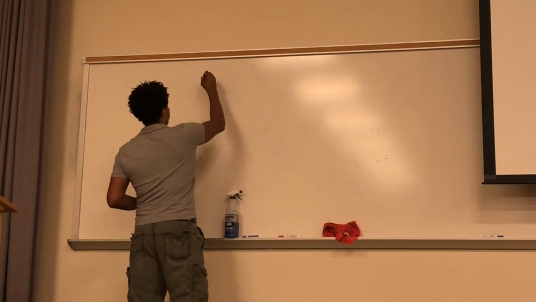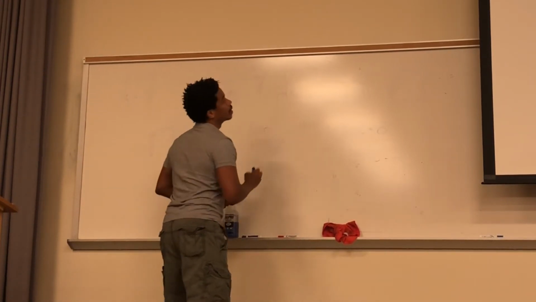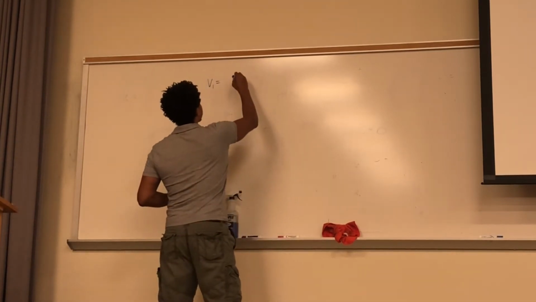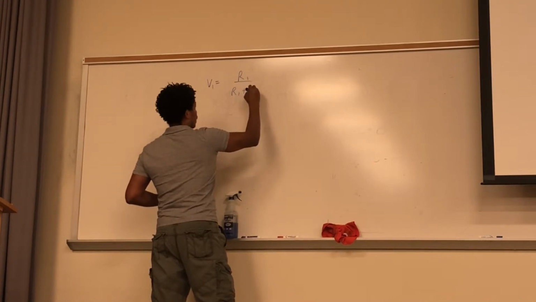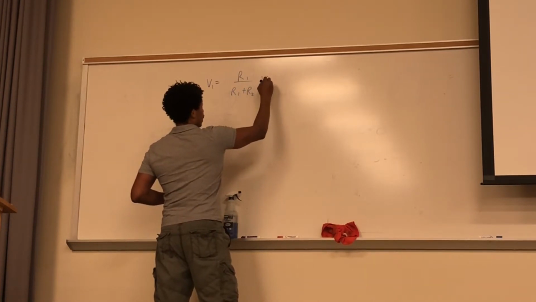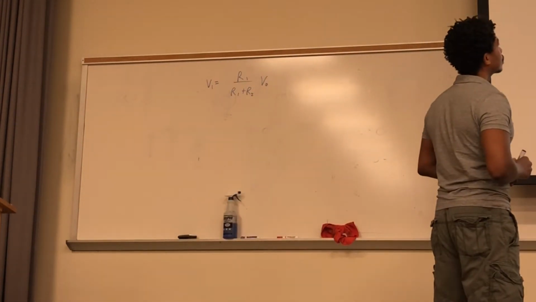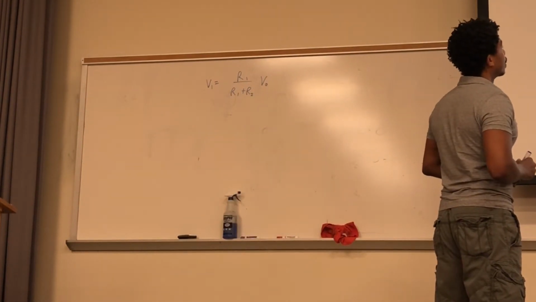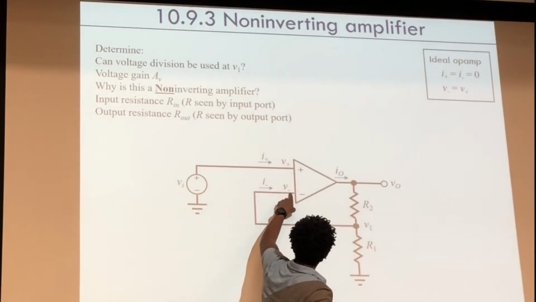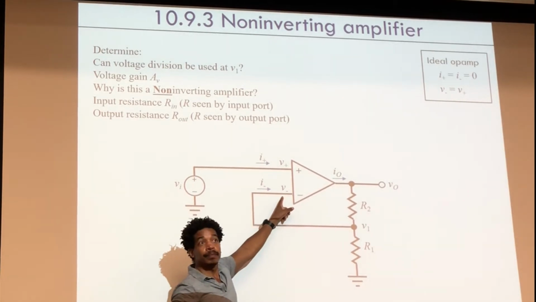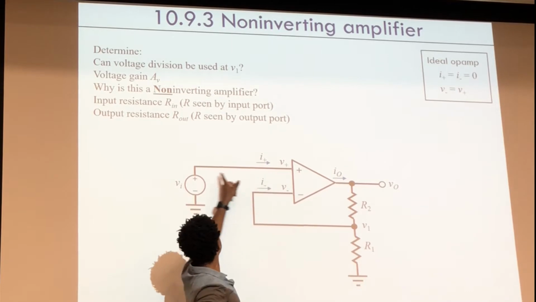So for the voltage division, V1 equals R that remains, which is R1, over the sum of all the resistances in that path, times V0. Okay? And this voltage right here is what? Over here.